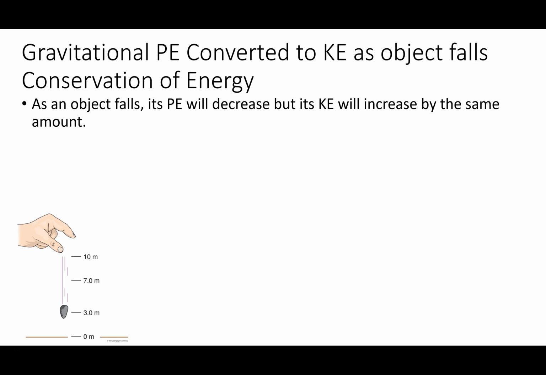They're showing a rock doing the same thing. So as potential energy decreases, kinetic energy increases until it hits the ground. And then on a small level, oftentimes if you had a thermometer there, you might even see a little bit of heat increase.